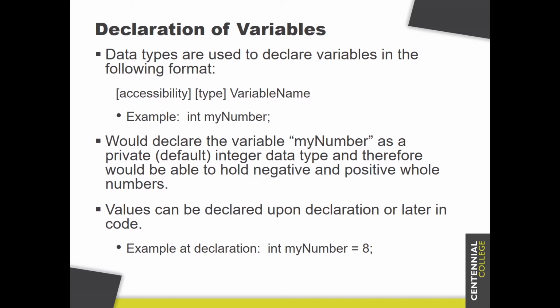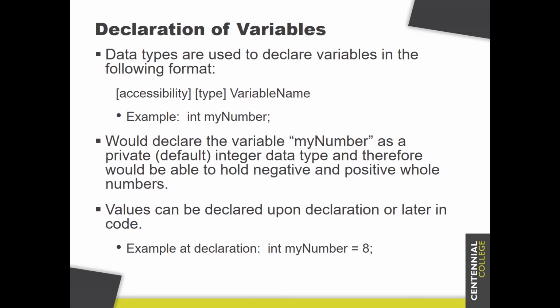A variable can be declared in the following manner: accessibility, type, and the variable name. So in this example, if I want to declare an integer, I could say int mynum. That would declare an integer value, a negative or positive whole number, that we can associate with the variable mynum.